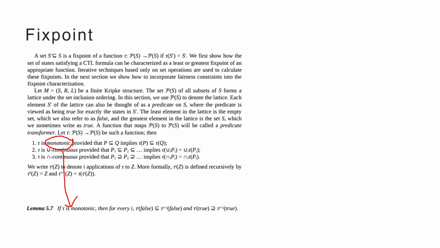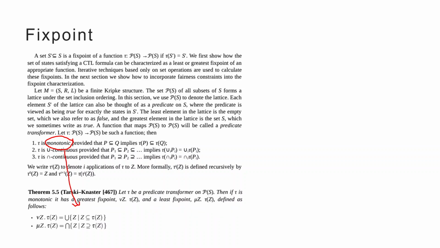So each output set is a subset or a superset of the original set. In other words, each mapping either expands the empty set to a least fixed point, or shrinks the universal set to a greatest fixed point. Here, false represents the empty set because no state satisfies false, and true represents the universal set because all states satisfy true.